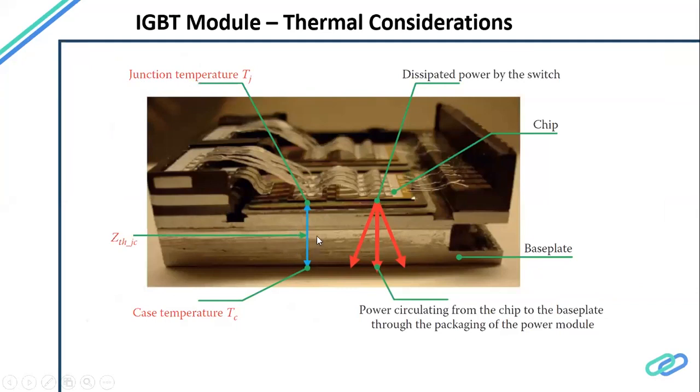There is a specification on the data sheet that we have to be careful about, right? These are the case temperatures that we can see here and measure here. But we have to establish some relation between junction and case temperature, if we don't have the right mechanism, and we have to protect it, right?